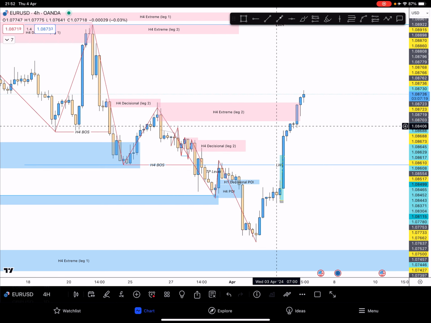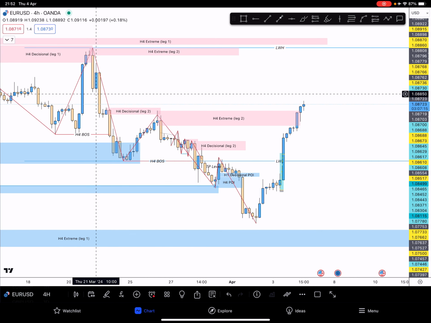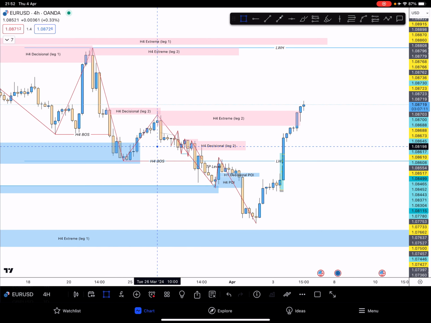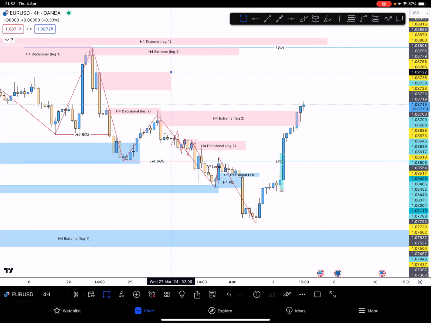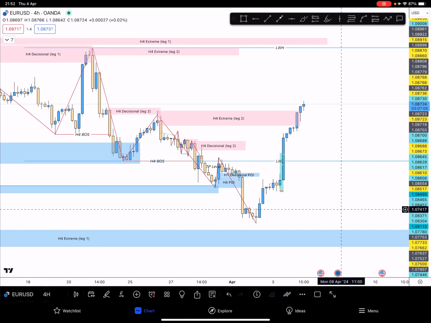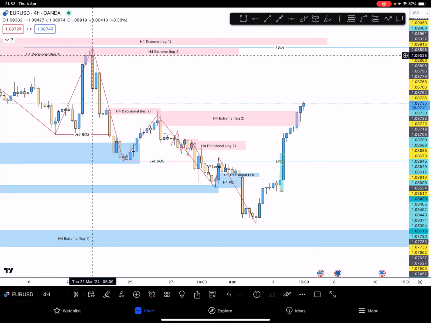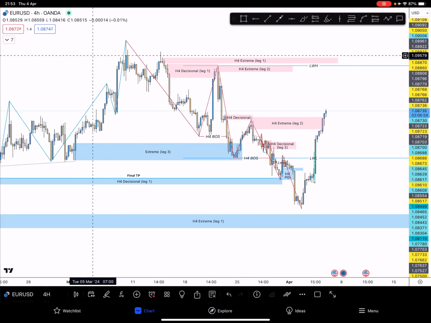And where is the next place that we are going with this? Yes, you guessed that right. This is the next place that we are going. We're going to see how price is going to react off this candle. And then after this candle, we're also going to see how price is going to react off this extreme here. So that's it.